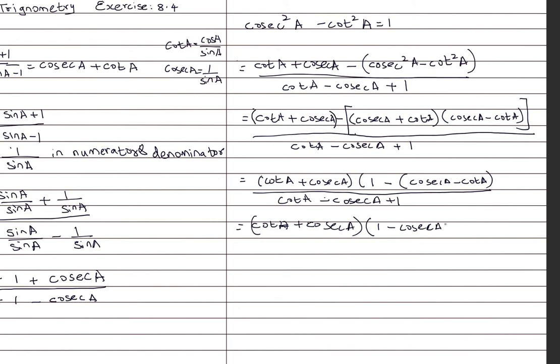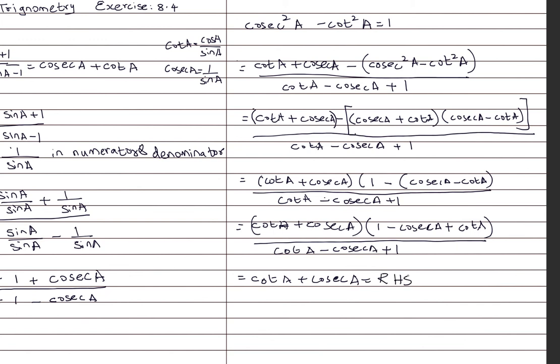This minus and this minus will be plus cot A, divided by cot A minus cosecant A plus 1. Now I can cancel this denominator and this 1 minus cosecant A plus cot A. Here also 1 minus cosecant A plus cot A, which is equal. If I cancel these two terms, the remaining term is cot A plus cosecant A, which is equal to RHS.